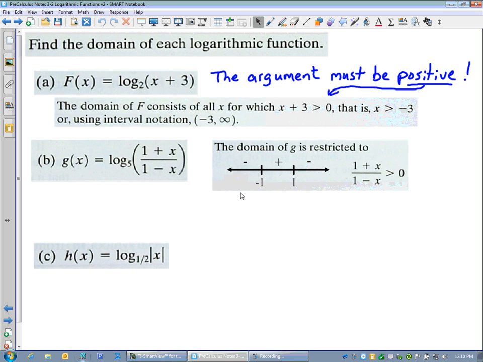We plot those points on a number line, and that breaks our number line up into 3 distinct intervals. Then we can pick any number inside that interval as a test point. For example, for this interval, if I take negative something very large, negative 1 million, then the top will be negative, and the bottom, subtracting a negative, is going to be plus, so the bottom will be positive. So a negative over a positive is going to be a negative.